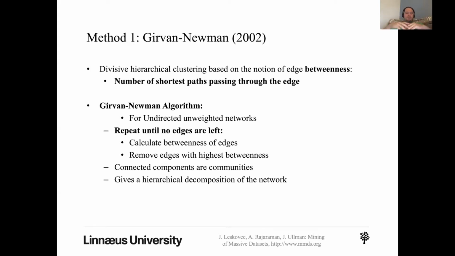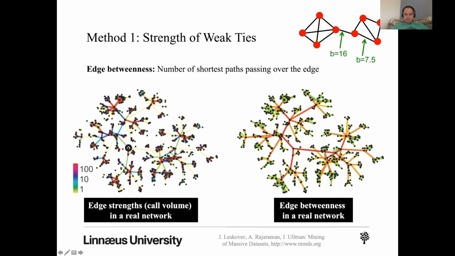So the first step is to compute the edge betweenness, which is basically a divisive hierarchical clustering. The summary of the algorithm is over here. You calculate the betweenness of edges, that value that we saw here, the color that we're putting on these edges.